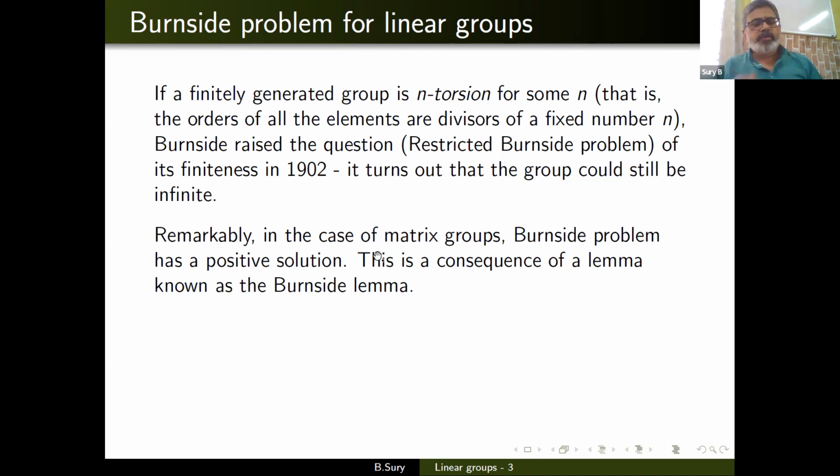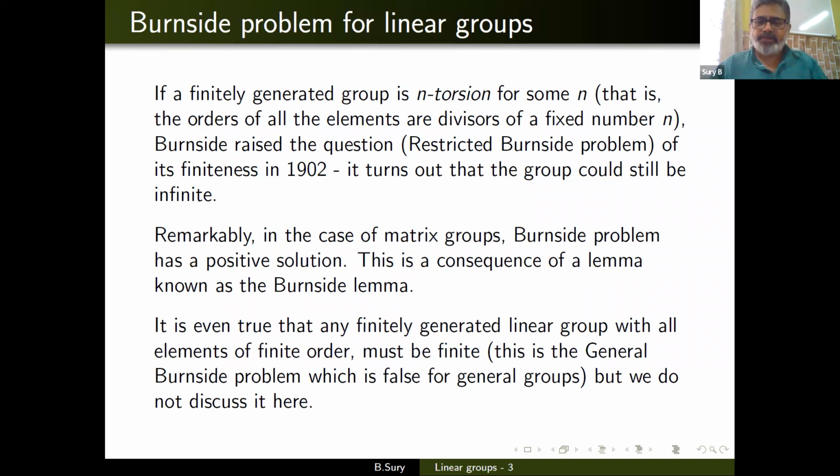Naturally, this comes out of something called the Burnside lemma. I'll recall this comes up in many places. It is even true that any finitely generated linear group with all elements of finite order must be finite. So the general one, not the restricted one. Here I said every element has order dividing n. I did not put this condition, still the group is finite. What I'm saying is, for a finitely generated linear group with all elements of finite order, there must be some n first of all, so that every order is a divisor of n, and then finiteness.